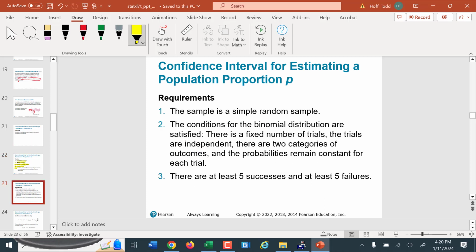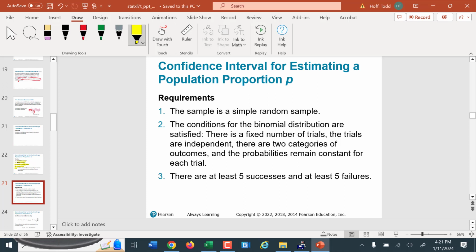So first, we need to check to make sure our requirements are met here. This is a simple random sample. We're going to assume that those 950 former students that were surveyed were randomly selected. The conditions for the binomial distribution have to be satisfied. Yes, we decided ahead of time we're going to survey 950 people, and we did that. They're independent.